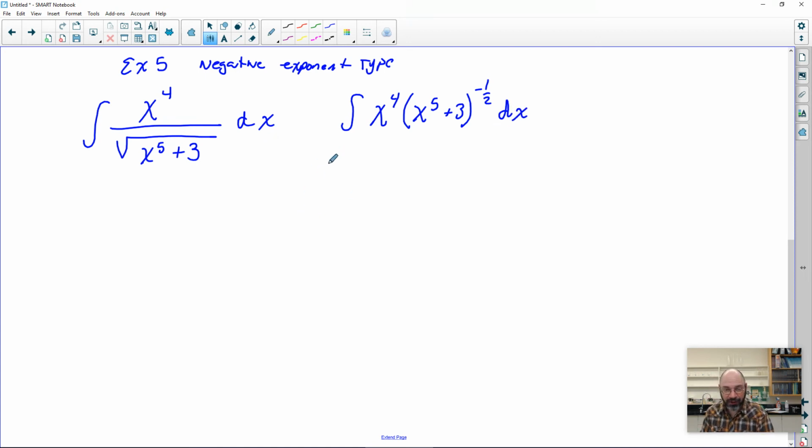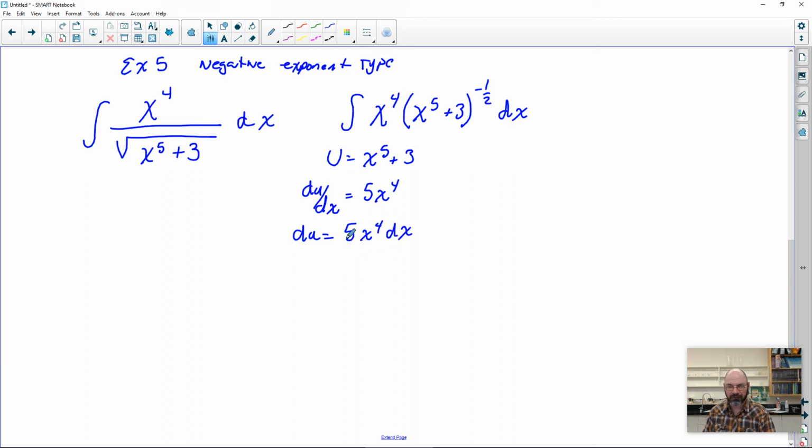Okay, so let's go ahead and get our u, and then find du dx. Then du equals 5x to the 4th dx.